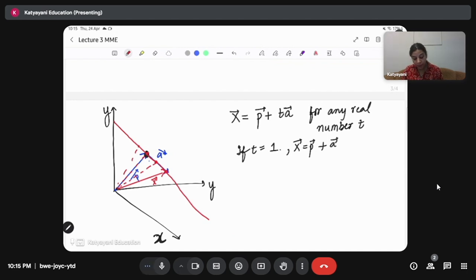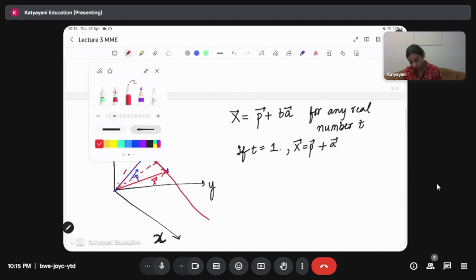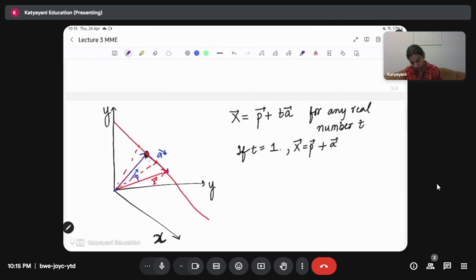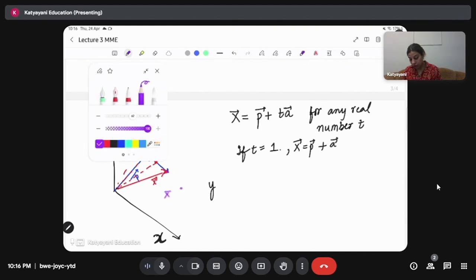So I'm adding twice of a to p, which would be somewhere. So double of this would be somewhat here. So I am here, right? So my x would be here in that case, right? So this is how I will trace out the line which is passing through point P and in the direction of vector A, right? Passing through point P in the direction of vector A. So this is how you can visualize it, right?